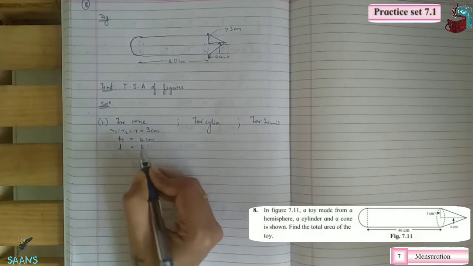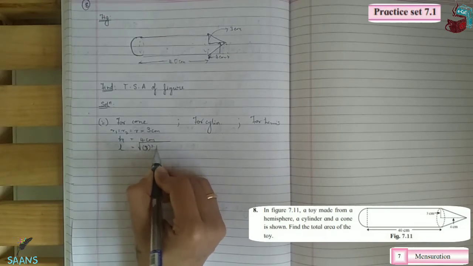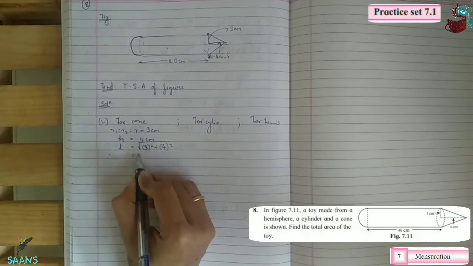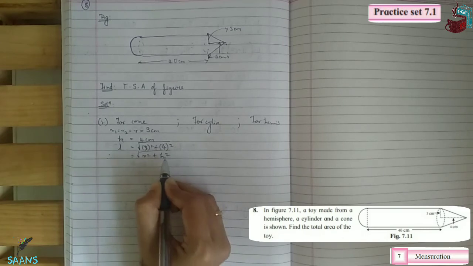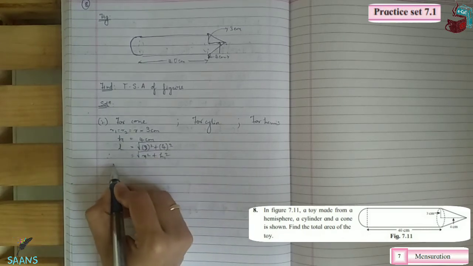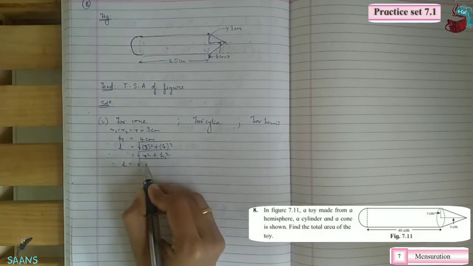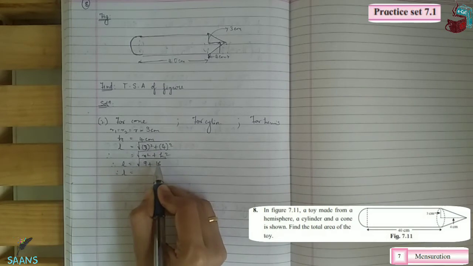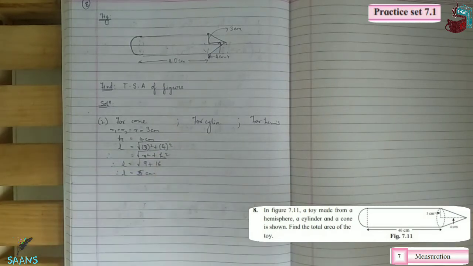So slant height will be under root 3 square plus 4 square, or I'll write the formula, it will be better, under root r square plus h square, r1 square plus h1 square if you want to write. Therefore L is equals to under root 9 plus 16. Therefore L is equals to under root 25, that is 5 centimeter.